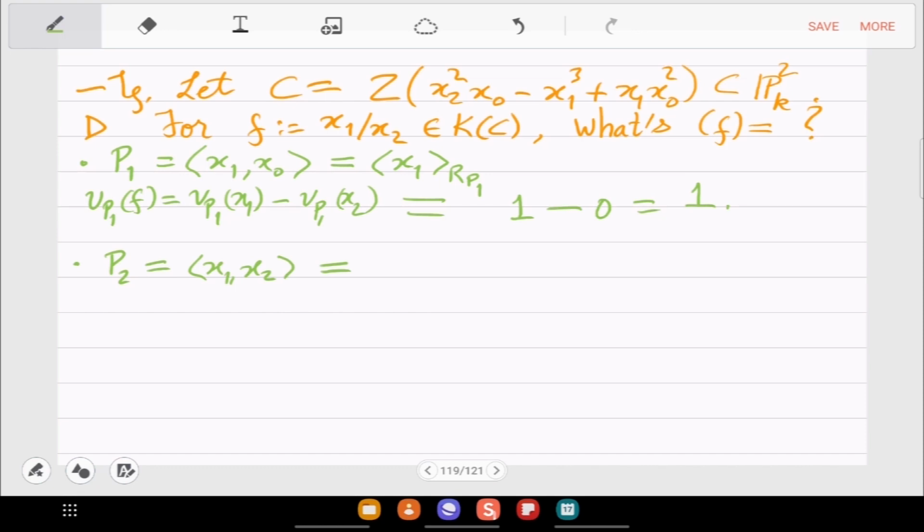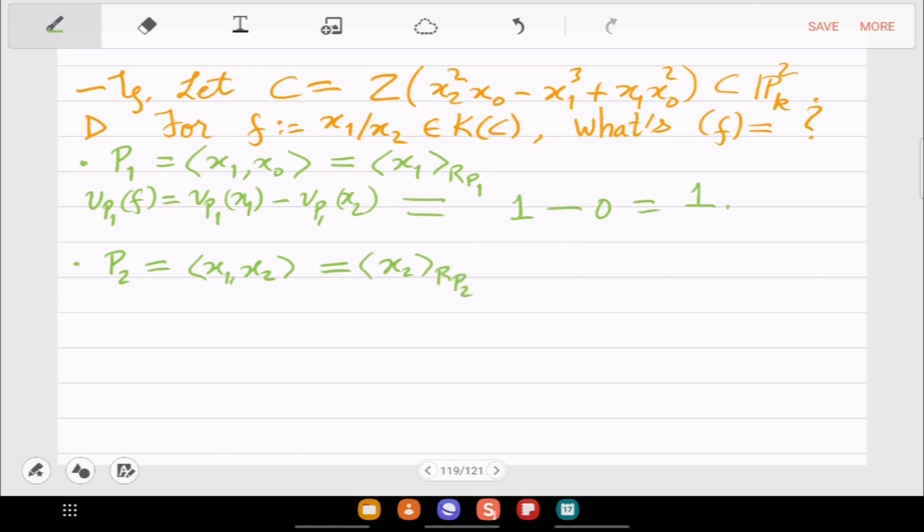This is more interesting. Again, in the equation you see that x2 square is equal to x1 up to units in the DVR for P2. So the uniformizer you can only take to be x2 now. So it's just x2.